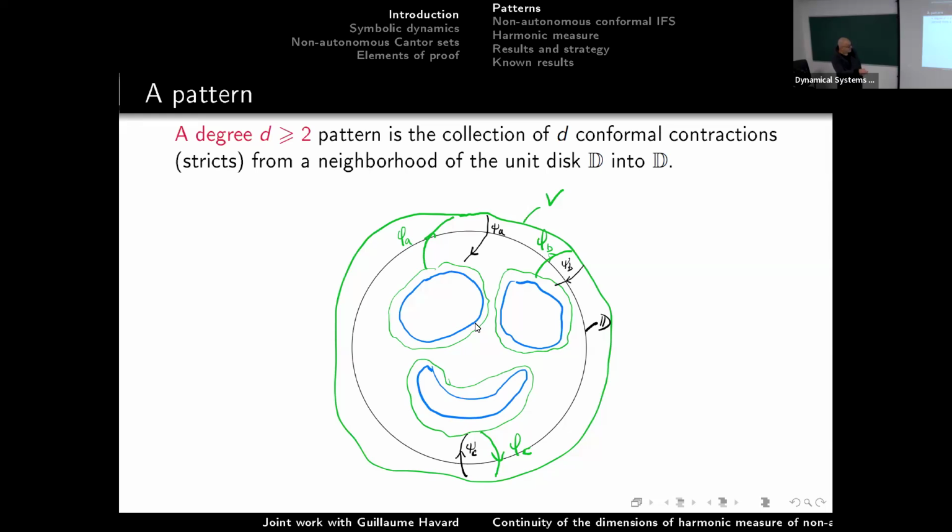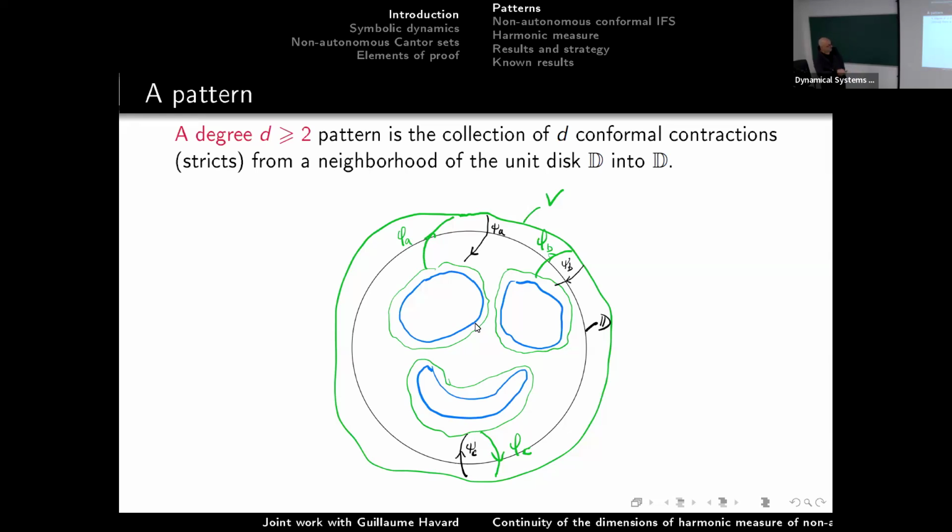Inside you have some simply connected domains bounded by disjoint Jordan curves, and then of course you have the conformal maps phi that send these blue domains onto the unit disk, and the psi maps, the converse, send the unit disk onto these blue domains.